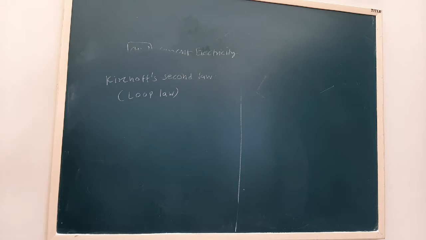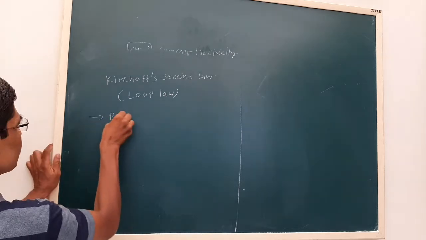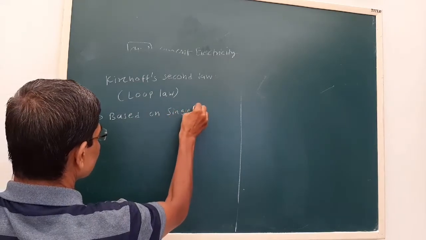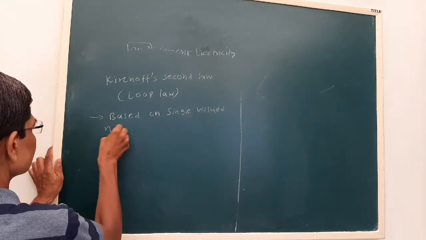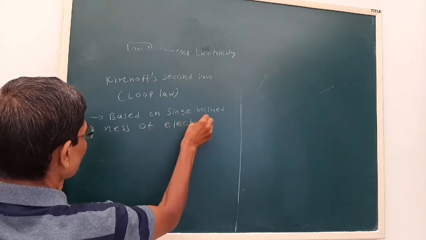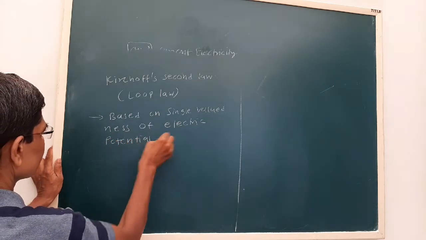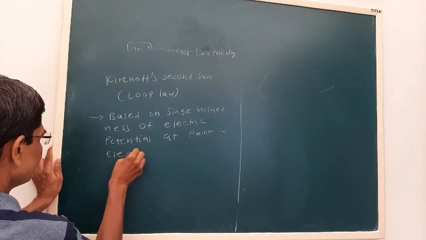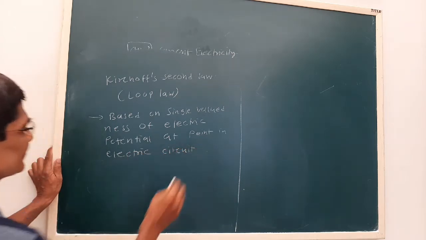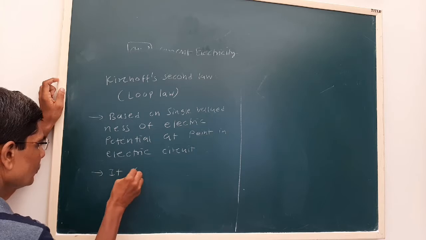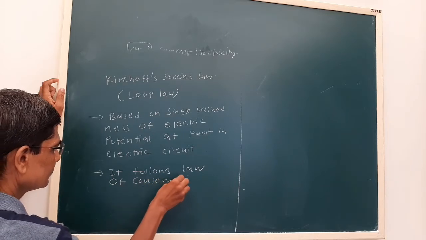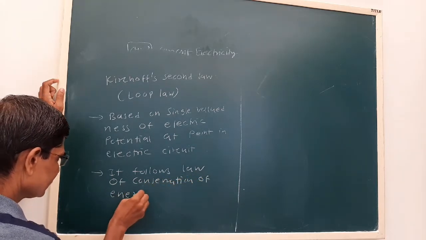Kirchhoff's second law is based on single valuedness of electric potential at a point in an electric circuit, and secondly it follows the law of conservation of energy.